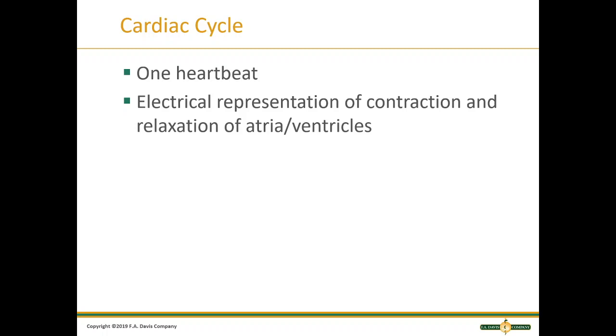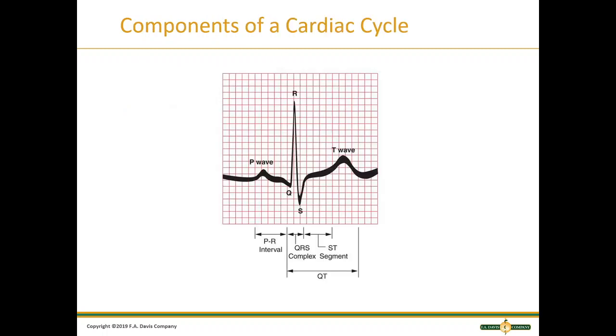So it's 1 heartbeat. If you can just do that with your hand, you get an idea of what heart activity is. These are the components of the cardiac cycle as illustrated here, and it is also illustrated on page 437. This is called the PQRST wave, the QRS segment, the QT.